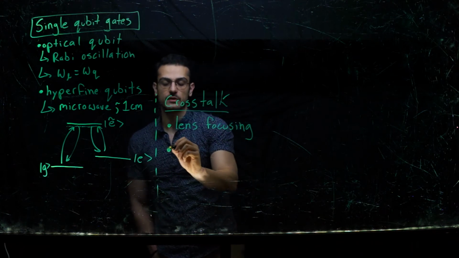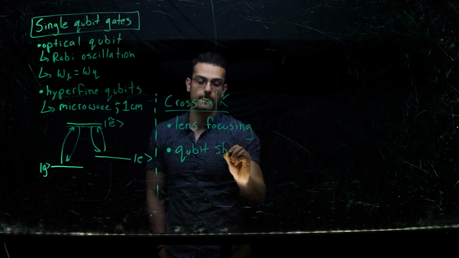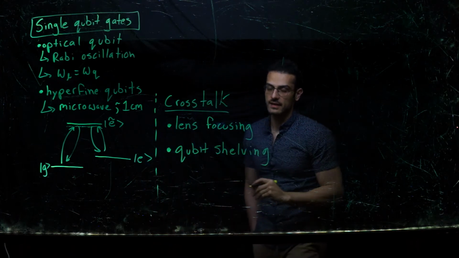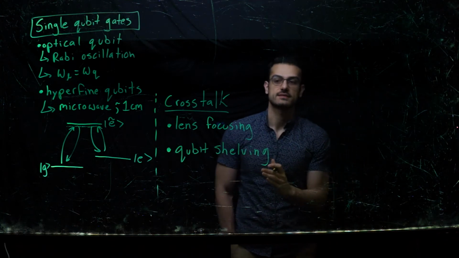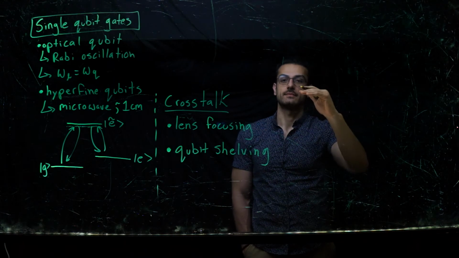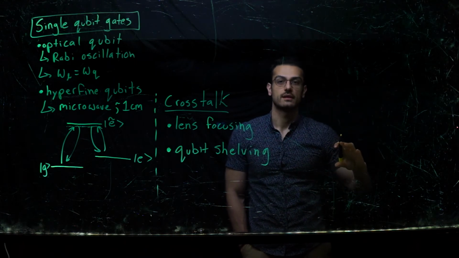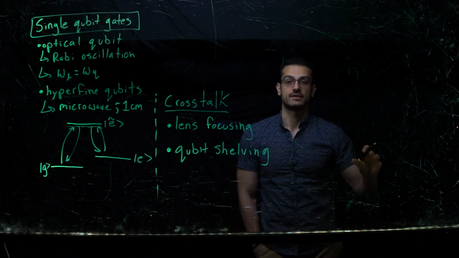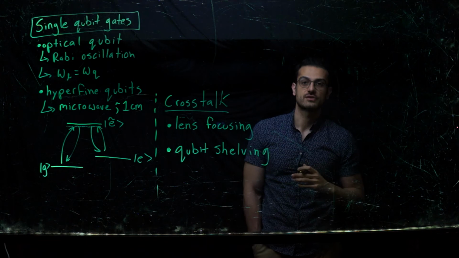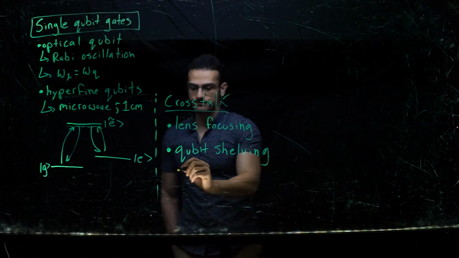Another thing that we can do is called qubit shelving. What qubit shelving consists of is taking one of the neighboring qubits that we don't want to be affected, and we excite it to some other state temporarily while we apply a single qubit gate to the target qubit. This way that neighboring qubit is out of the range of frequencies in which it can be influenced. So that's one strategy.